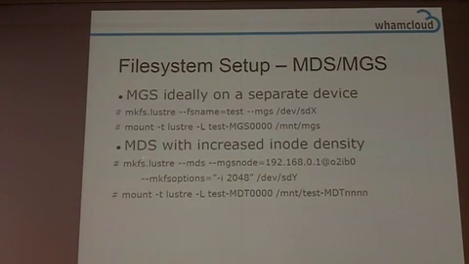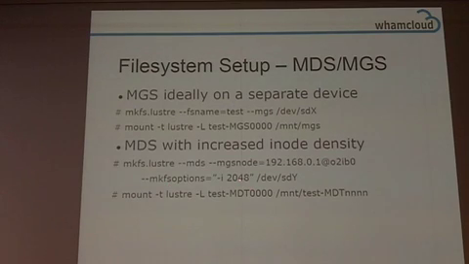And the metadata server, if you're doing things like SSDs, you're really trying to minimize the amount of space that you allocate on the metadata server to maximize the number of inodes that you get.